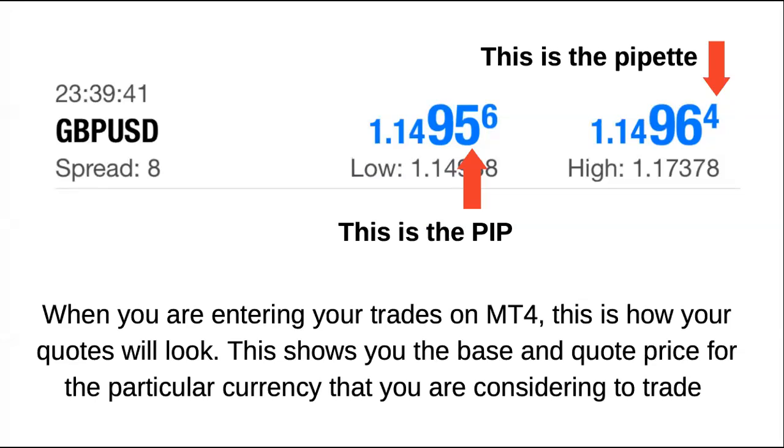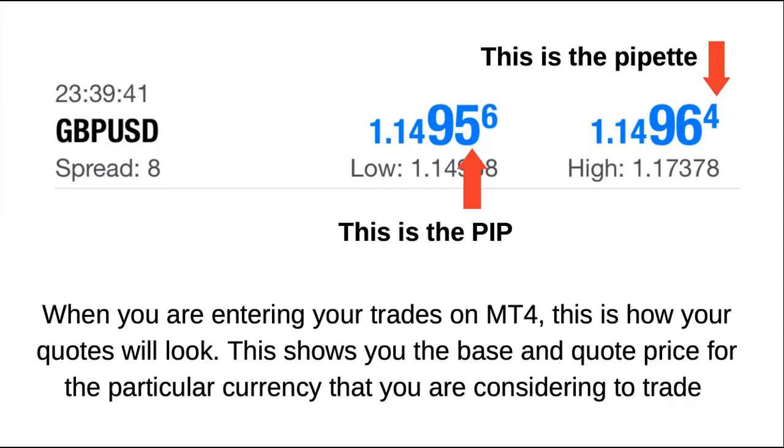the fourth decimal place. And you'll see here, I have a quote for GBP USD. This is how it will look on the MetaTrader 4 app. You'll see that fourth place after the decimal is the pip. And then the little small number after the pip is the pipette.